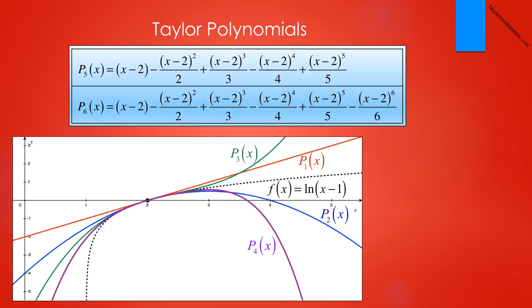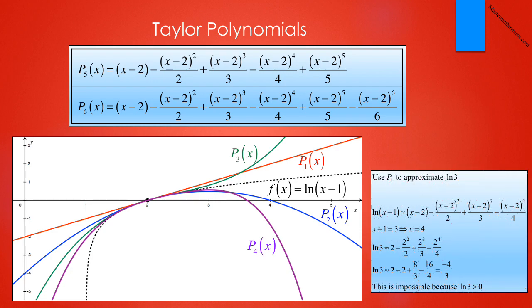Later in the course, we will find that no matter how high the degree of the Taylor polynomial, these curves will always diverge beyond x is equal to 3. The same occurs on the other side, as natural log of x minus 1 has a vertical asymptote at x is equal to 1, while the others are continuous polynomials.